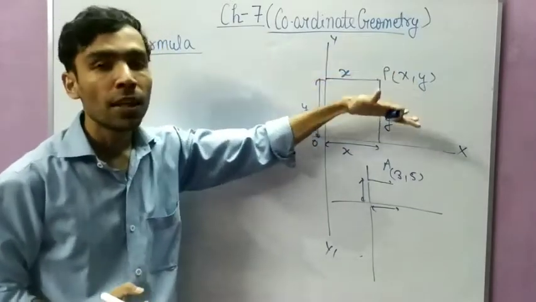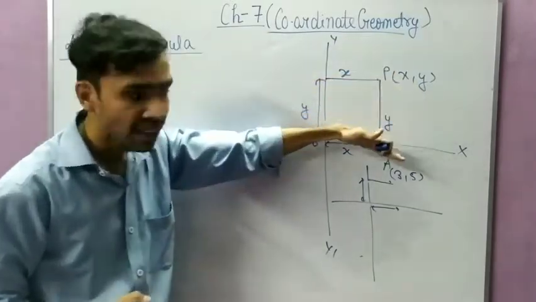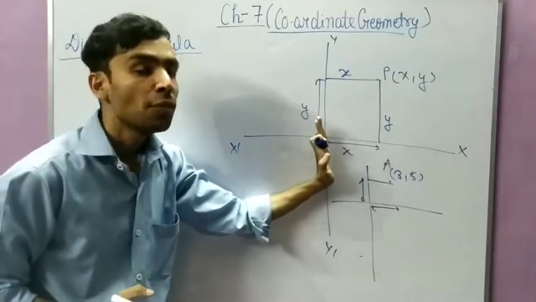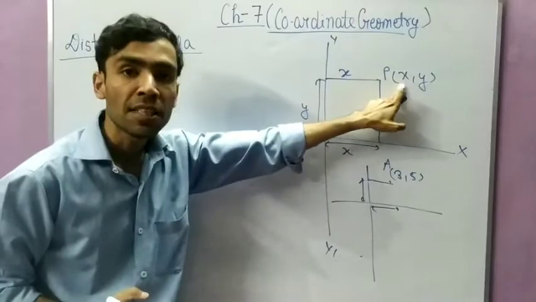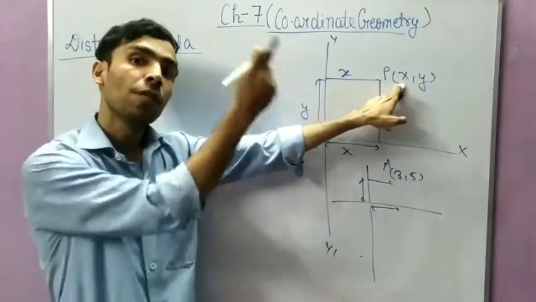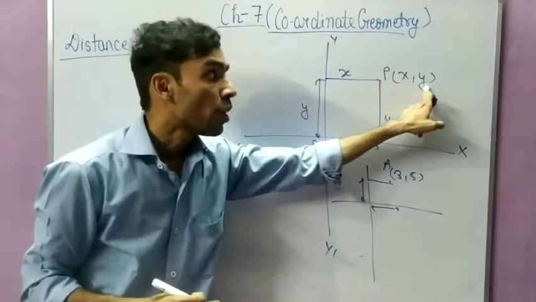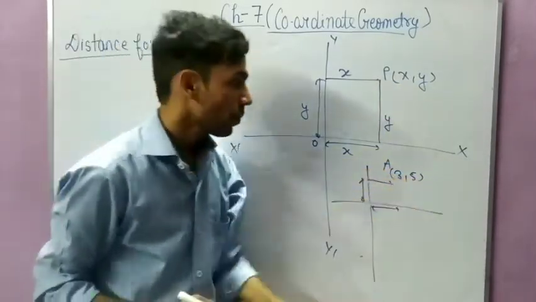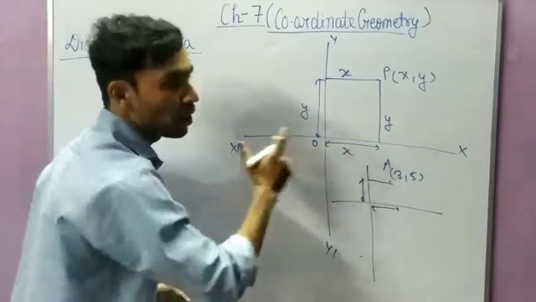Whenever you see a point's x, you look at the x-axis, and we all know the x-axis is perpendicular to y. So the abscissa is the perpendicular distance from y, and the ordinate is the perpendicular distance from x. This is the clarification of the points.